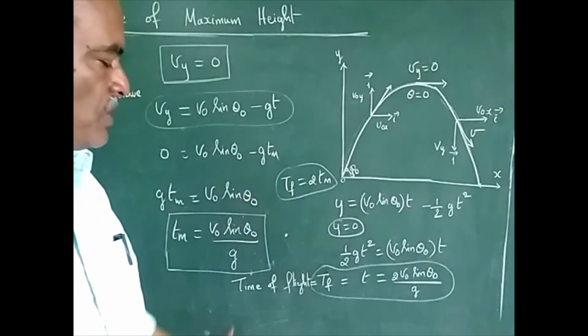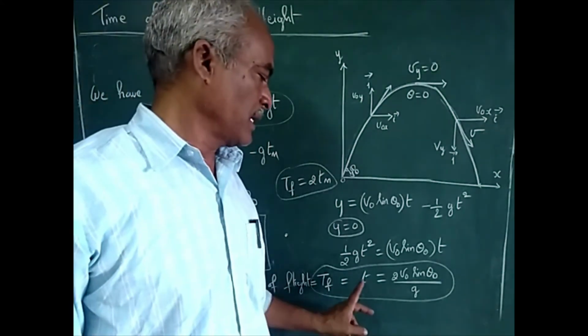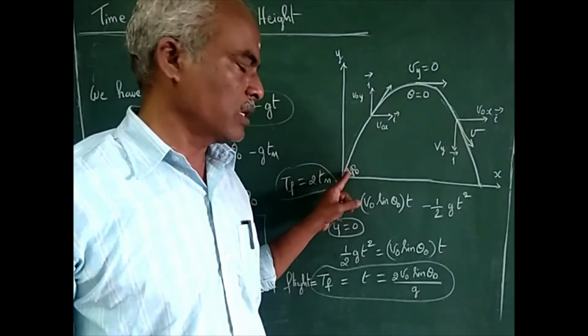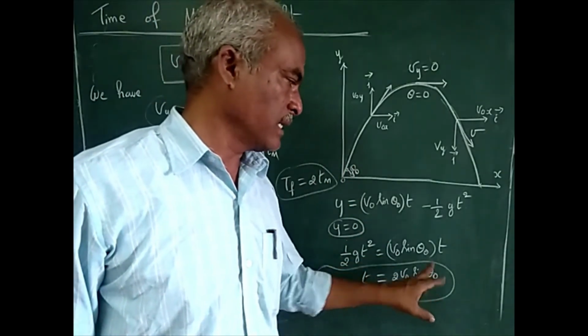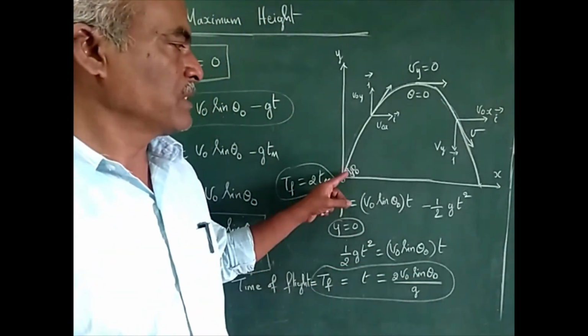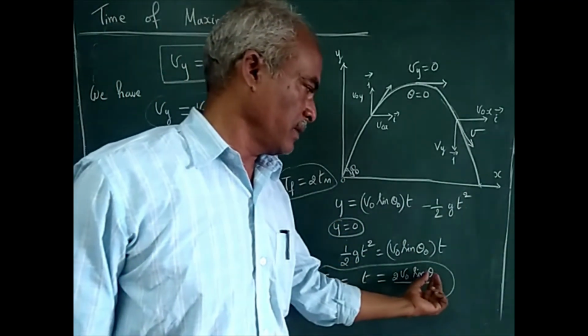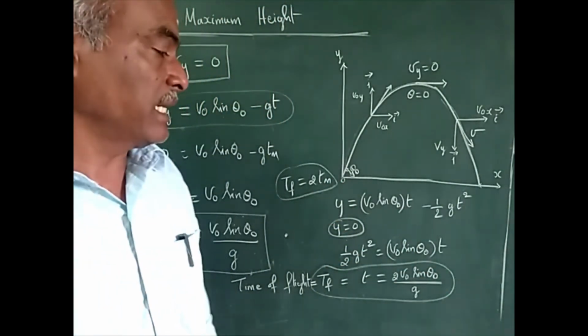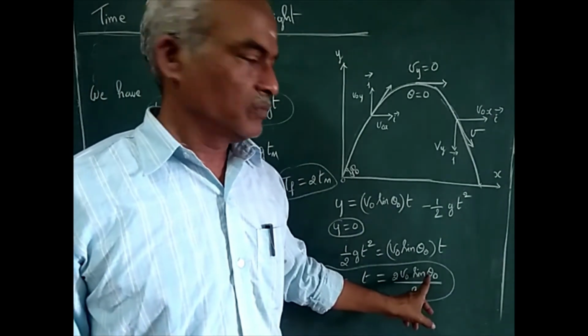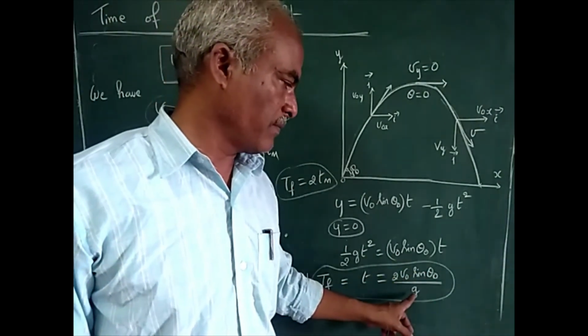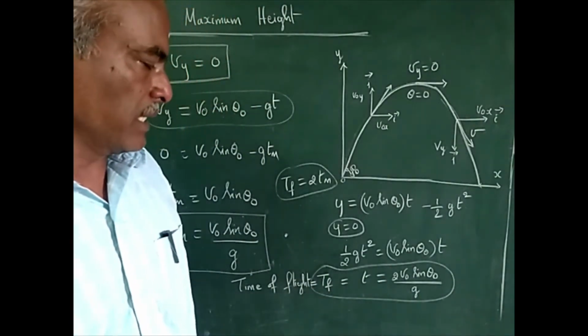Once again, the time of flight depends on the initial velocity V naught and the angle theta naught. So once again, if theta naught is 90, sin 90 is 1, therefore you will get 2 V naught divided by g in that case.